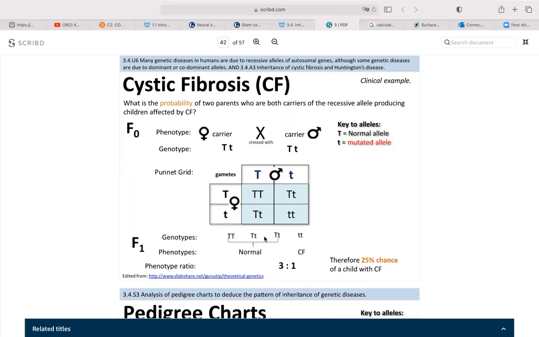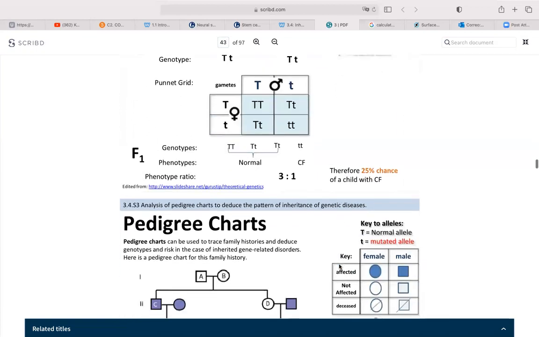So we have 75% of normal genotypes, but the 25% that you see here, the two recessive alleles, are going to produce cystic fibrosis. What is the phenotype ratio? 3:1, okay? For every 3 persons, one can have cystic fibrosis. Therefore, there is a 25% chance of having a child with cystic fibrosis, okay?